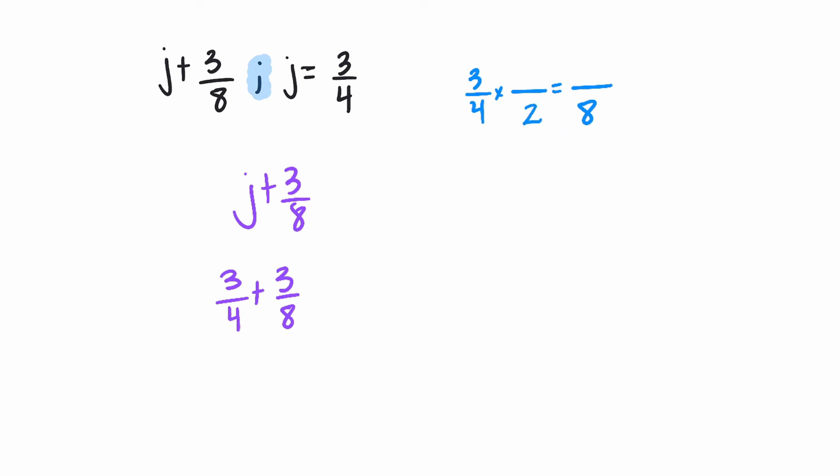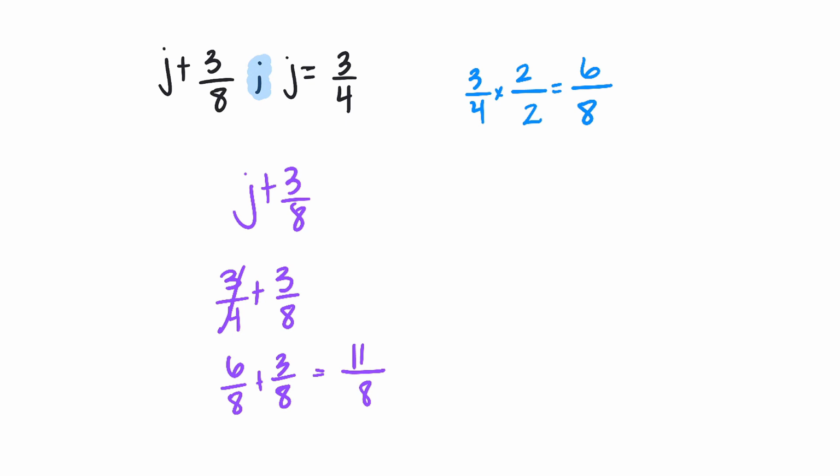Whatever I do to the denominator, I need to do to the numerator. So 3 times 2 would be 6. So an equivalent fraction to 3/4 would be 6/8. So I can just go ahead and pop that in. So this becomes 6/8 plus 3/8. And now they're friendly and we can add them together. So this stays 8 and it becomes 11/8.